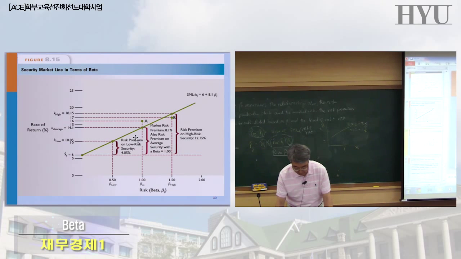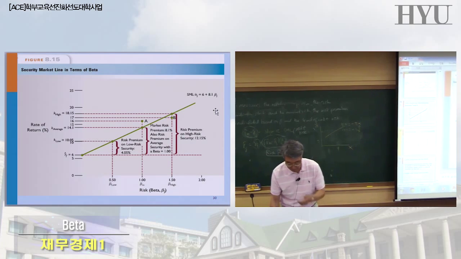You can say that based on this security market line. Remember, this is the security market line because you have beta on the horizontal axis and returns on the vertical axis. So if the green line is the security market line, we have the equation here, Kj is 6 plus 8.1 beta j.